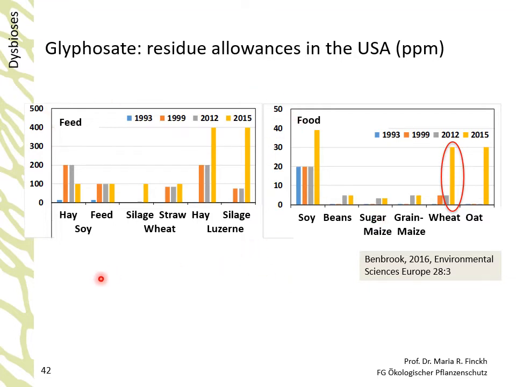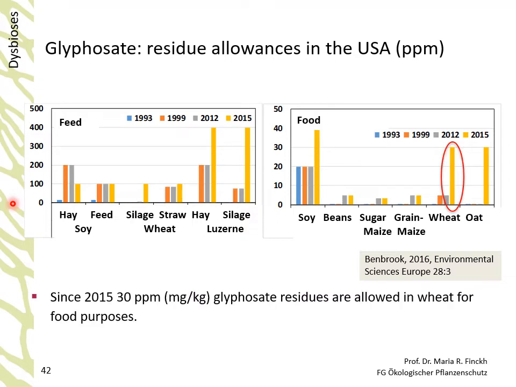And if you look at the different crops, you can see with wheat in 2015, the residue levels went up from 5 to 30 milligrams. And that is dramatic. So since 2015, 30 ppm glyphosate residues are allowed in wheat for food purposes, not, as the Canadians thought, 5.